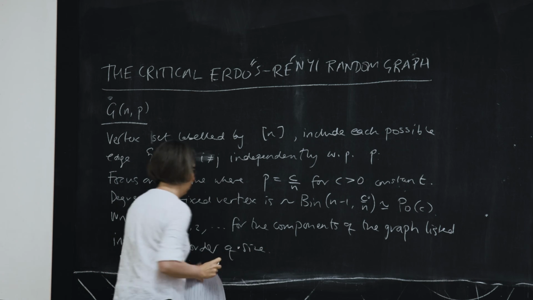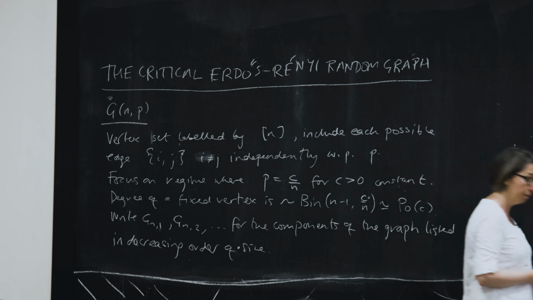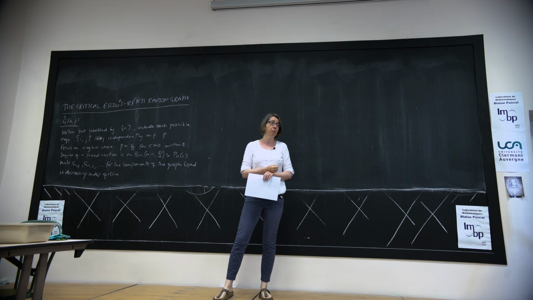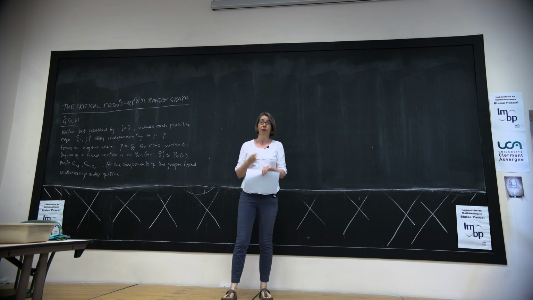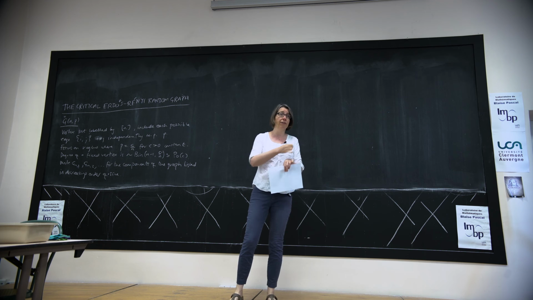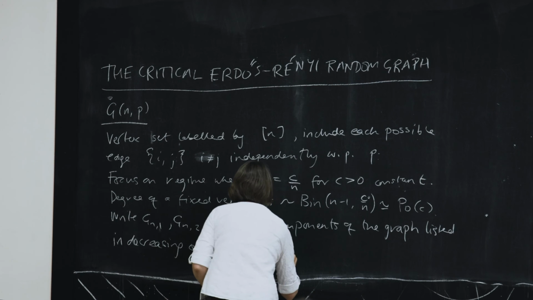There's no reason why two of these components can't have the same size in principle, and in that case, ties are broken arbitrarily. I'm quite often going to use the rule that whenever I've got a choice, I take the component with the lowest labeled vertex first, but it doesn't need to be that rule.